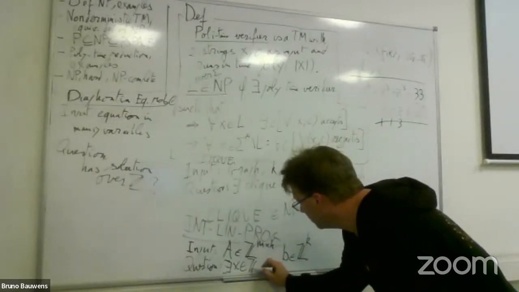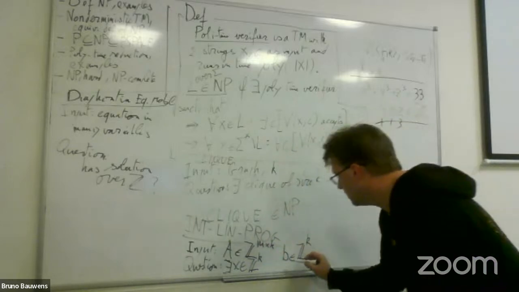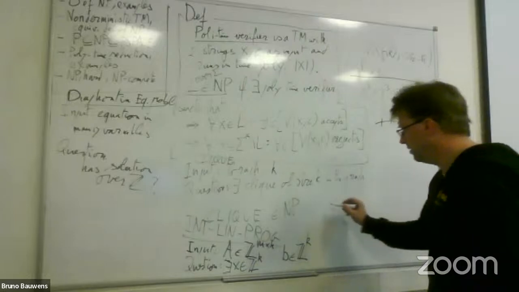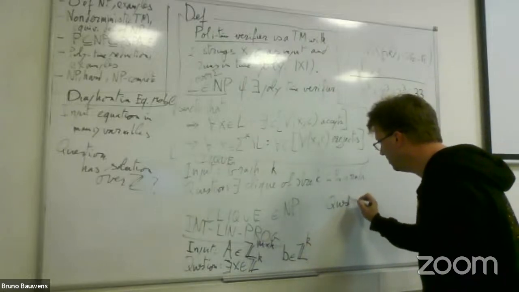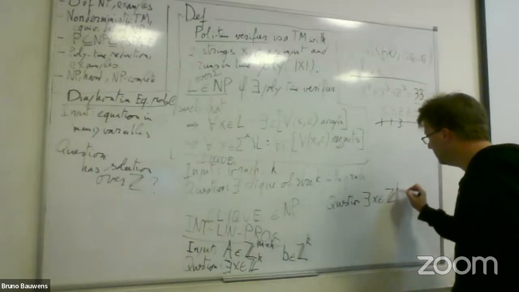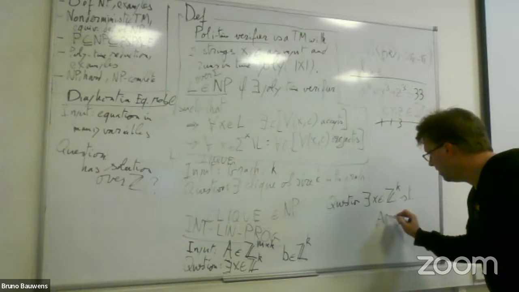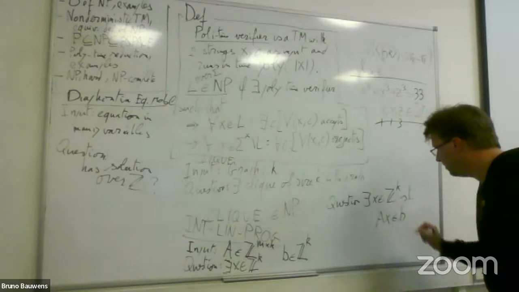And can we find x in Z^k such that, let me rewrite the question here, there exists x in Z^k such that Ax is smaller than b?